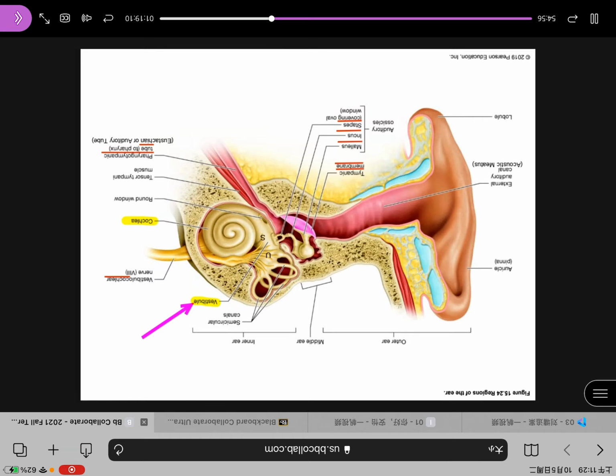Okay, do you guys see the bumps that I see there that I labeled? U for utricle, S for saccule. Okay, the U is above the S somewhat. Okay, great.